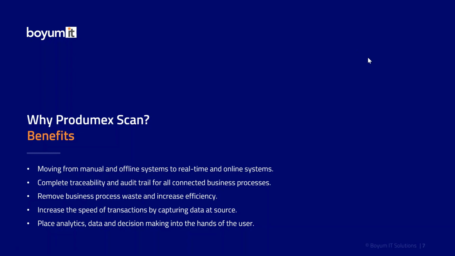So that helps us a lot to have a healthy inventory in our warehouses, and not wait until the user can come to his computer and input all this information from the warehouse operations.